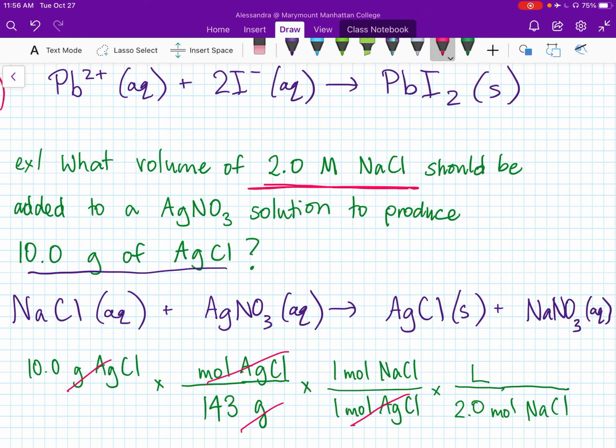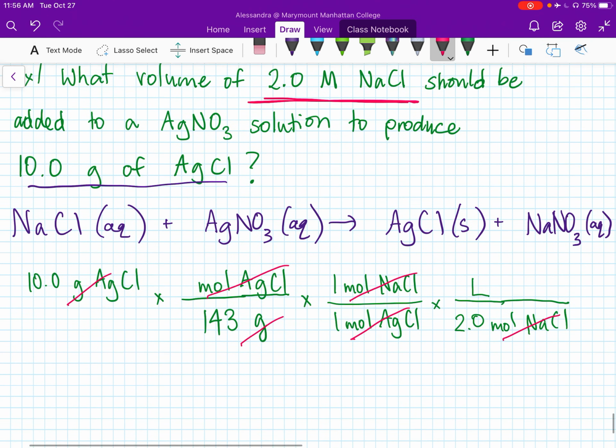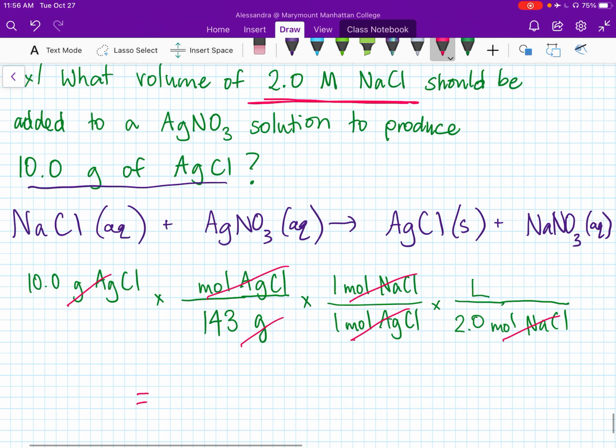And that is the final piece that enables me to cancel out the moles of sodium chloride to get the volume of sodium chloride. So I can answer my question as to what volume of sodium chloride solution I need. It should give you something like 0.0348 or thereabouts. All right, so when you have to do a stoichiometric problem, you should always, always, always write the balanced reaction first. That is key.